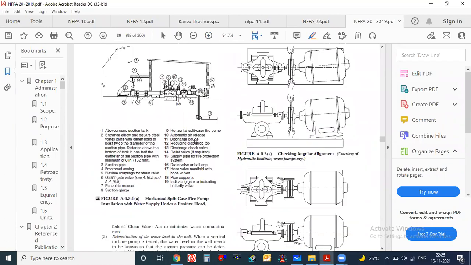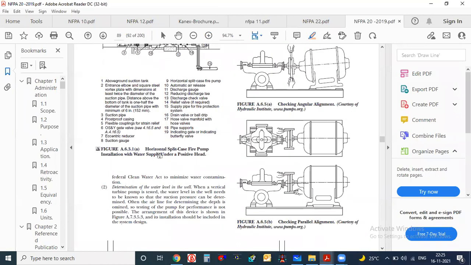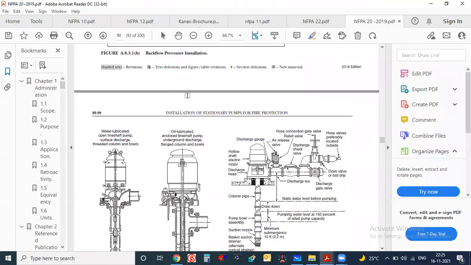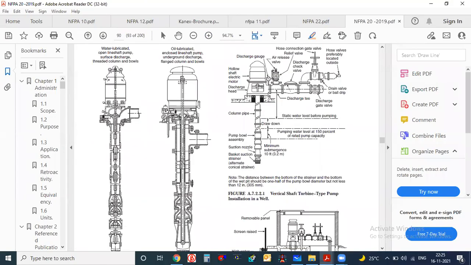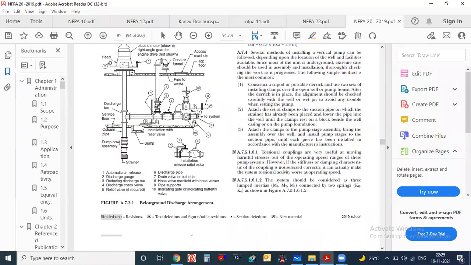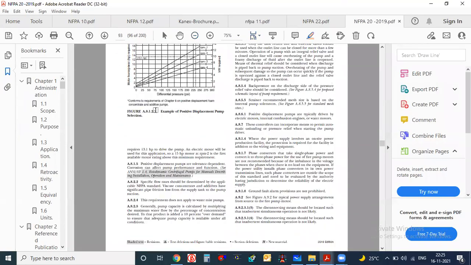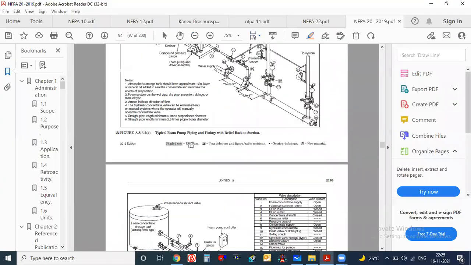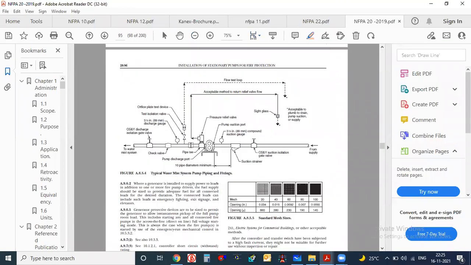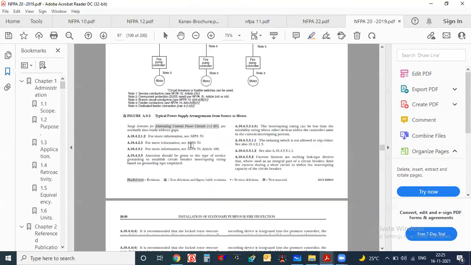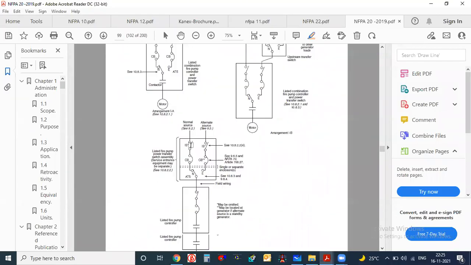And you can see they have given so many types of pump. You just have to check which type of pump you want to go with. Only this is given in this NFPA. After this, I don't think important things are given here. Foam type of pumps are also given here, and apart from that, nothing.